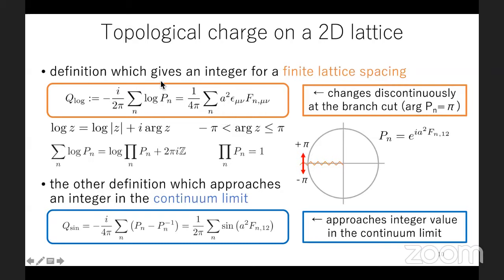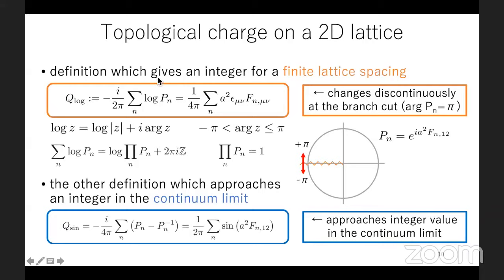The reason why it is an integer is understood like this. This summation of logs is related to the log of the product of plaquettes. But on the 2-dimensional torus, this factor is always unity. So this term vanishes, and only 2 pi i times some integer remains.